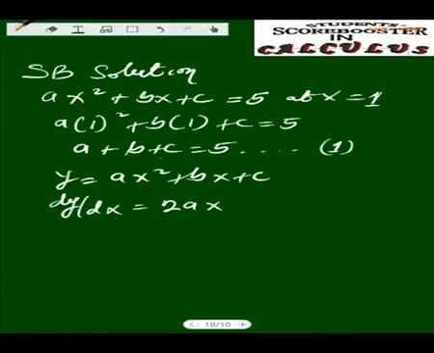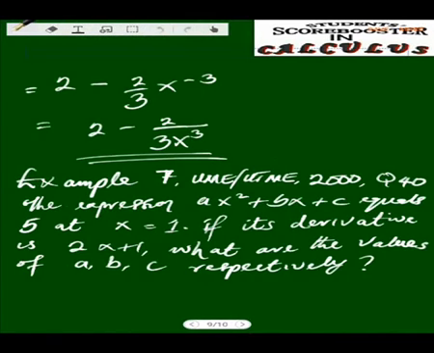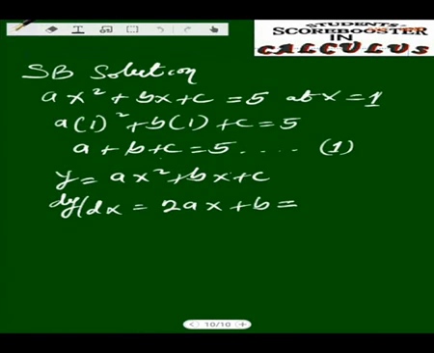I hope this is clear. So you have 2 times a, and this is 1 times b. And we were told that the derivative is 2x plus 1.